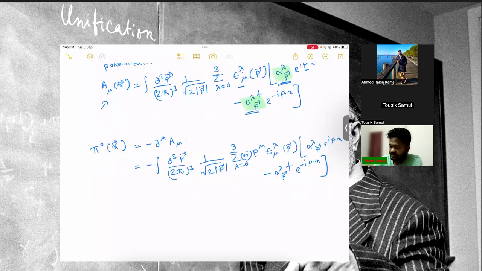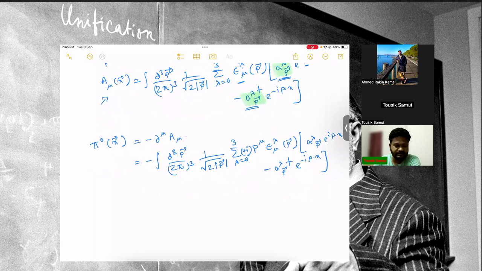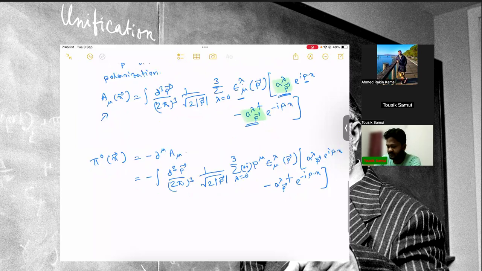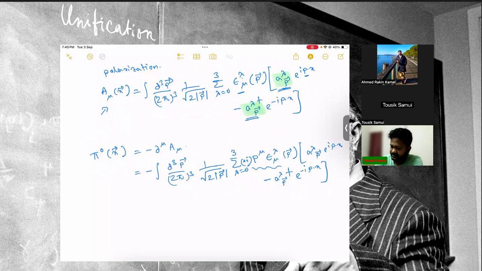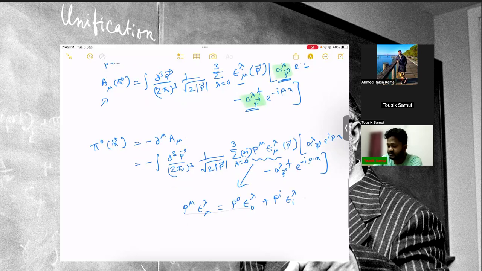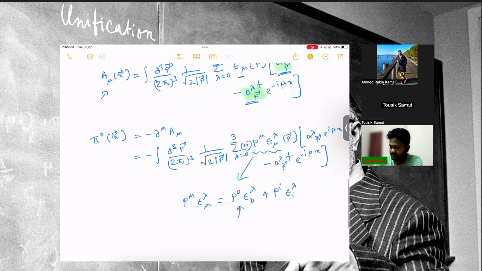So just like the scalar case, this is no longer a very easy form. But out of these, if you remember, this is basically p naught epsilon naught lambda, plus or minus i epsilon i lambda. Now the claim is that only this will survive, and the contribution from the other will go to 0. Why?